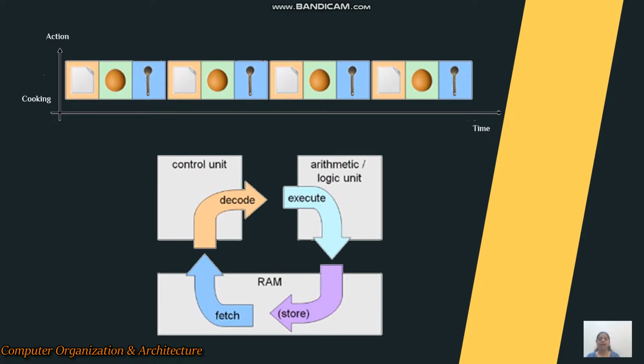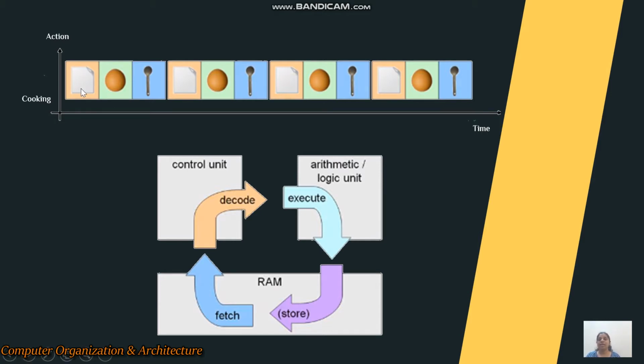Okay, so here I repeat, fetch gets the instruction from the memory, hence it is related to memory. Decode, the control unit takes care of this decoding process, and the execution is taken care of by the arithmetic and logic unit. So the three components that are involved in this process are memory, control unit and arithmetic and logic unit.